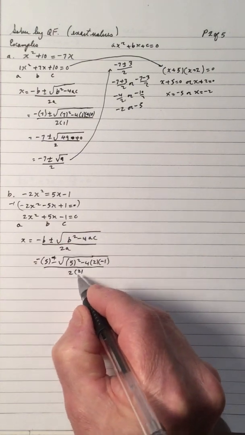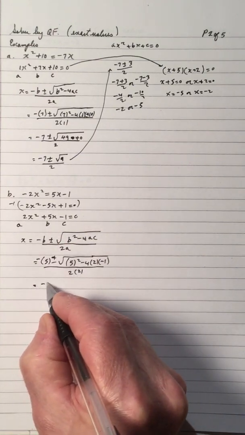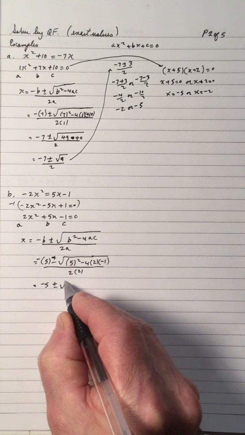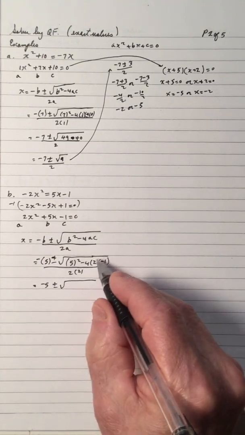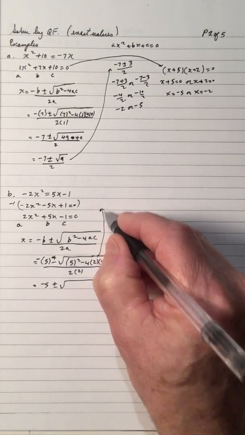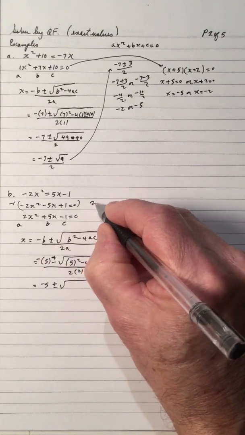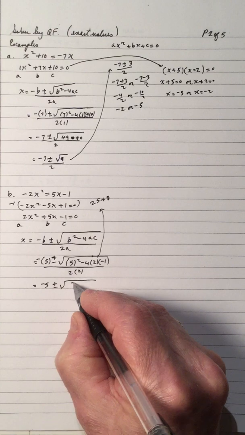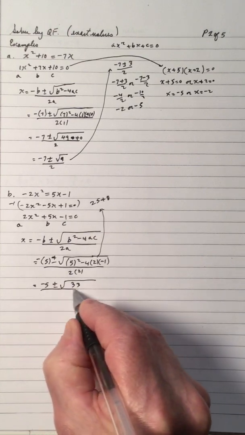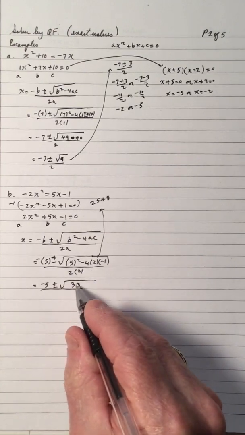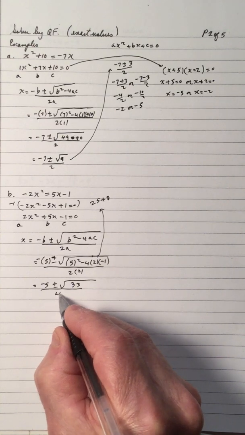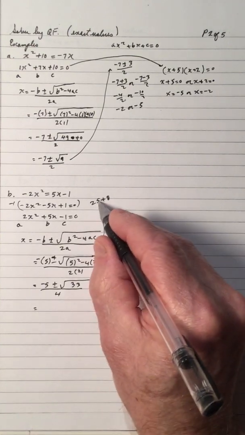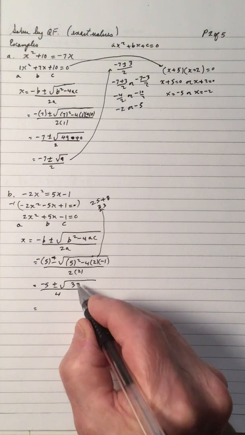A is 2. So that gives me negative 5 plus or minus. And if you want, you could work that out somewhere else without having to keep writing this down. So that's 25 plus 8, and that works out to be 33. So work this out somewhere else, get the 33 and then put it in.